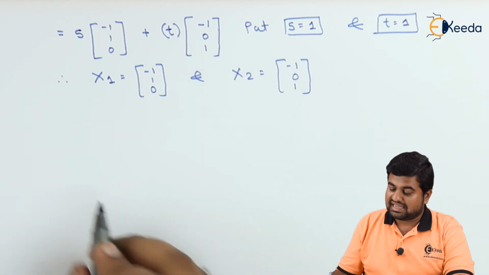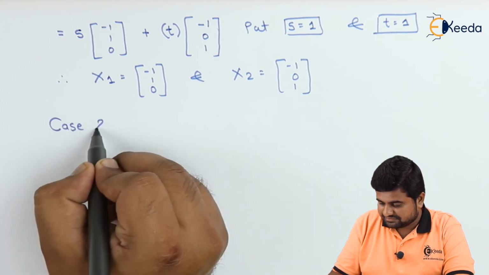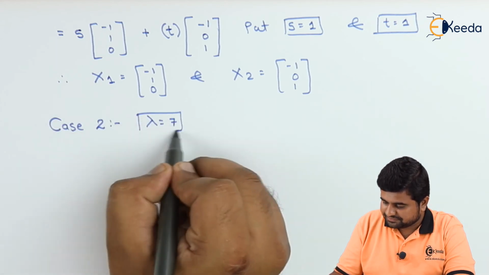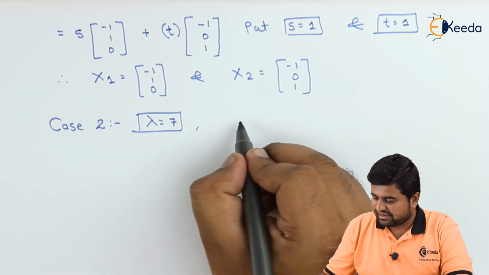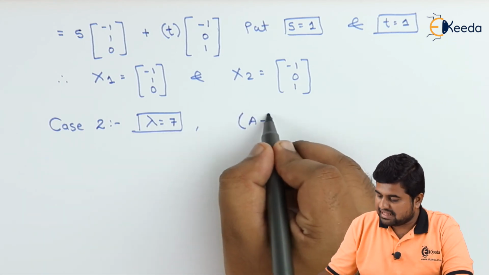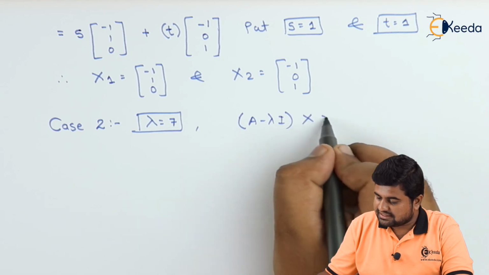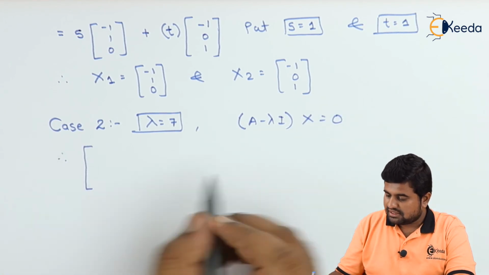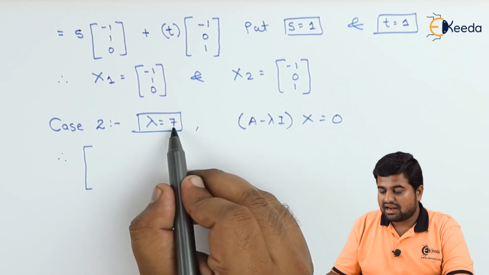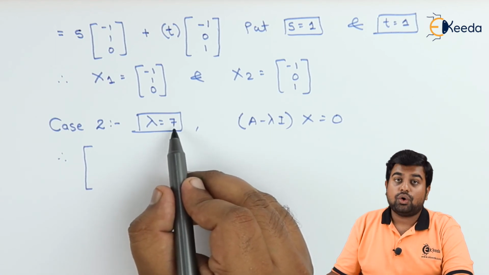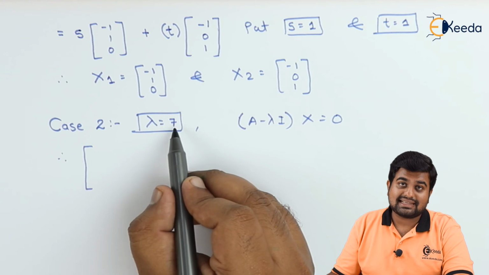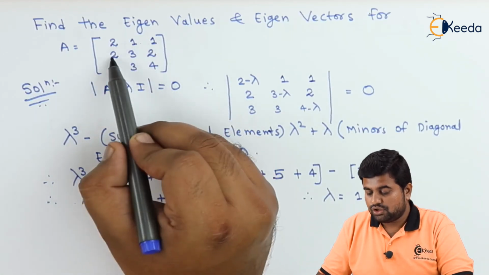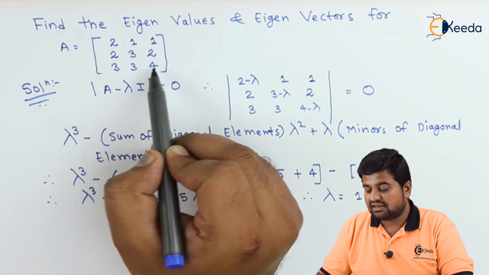Now let us come to case number 2. Lambda is equal to 7. Again the same characteristic equation, A minus lambda I into X is equal to O. I am going to subtract lambda is equal to 7 from the original matrix. The original matrix is 2, 1, 1, 2, 3, 2 and 3, 3, 4.